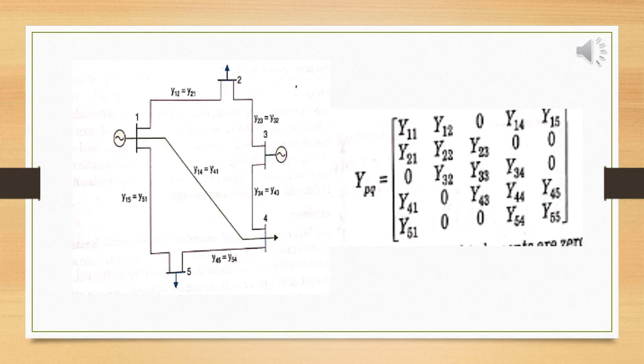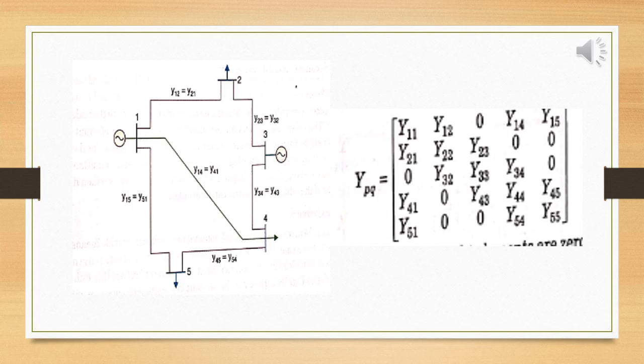Okay, so it is easy to add or take away an element, and also you can notice that this matrix is symmetrical. The elements of the upper triangle are equal to those of the lower triangle, or it is symmetric with reference to the diagonal axis.